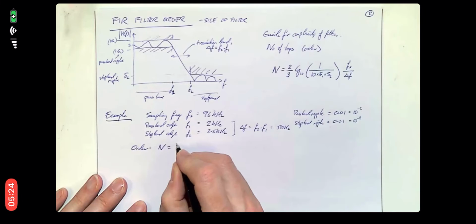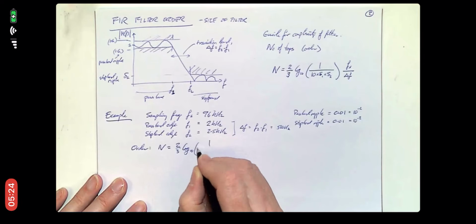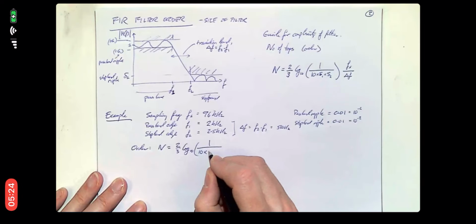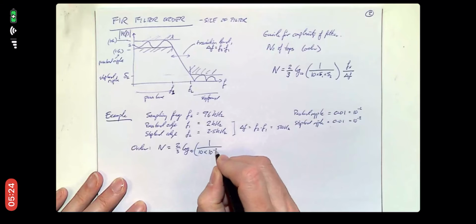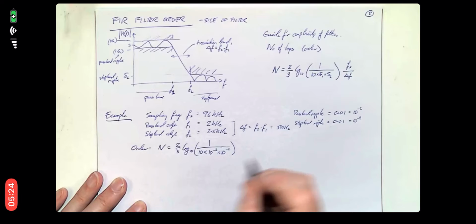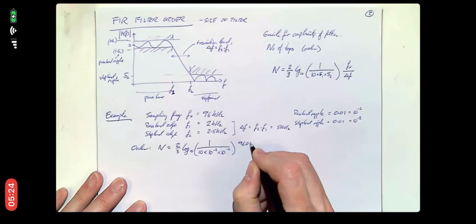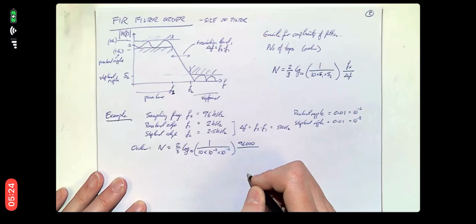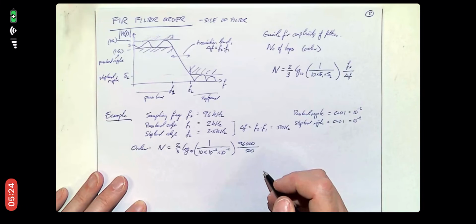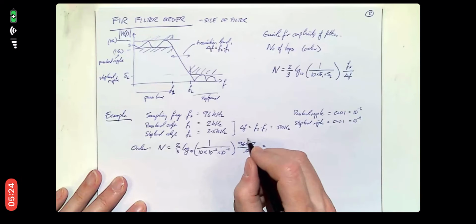N is 2/3 log to the base 10 of 1 over 10 times delta 1, which is 10 to the minus 2, times delta 2, which is another 10 to the minus 2, times Fs over delta F. Now Fs is 96 kilohertz, divided by delta F, which is 500 hertz. So we can cancel out a bit of those 500s into 96, go 192.